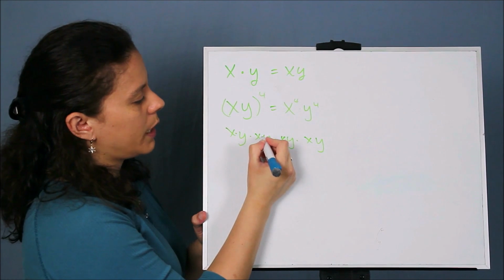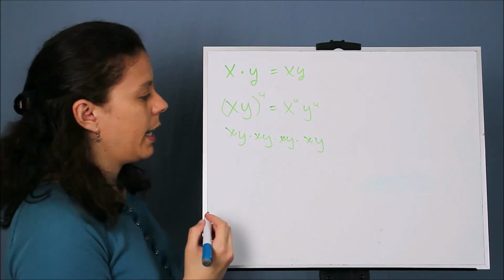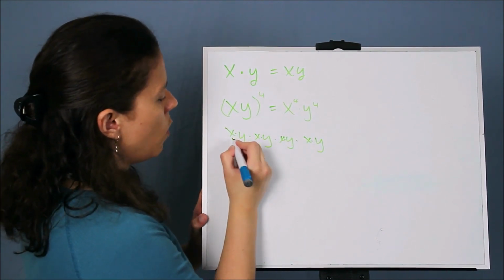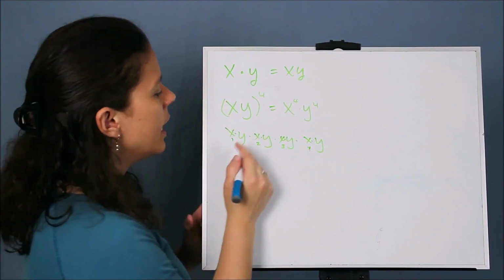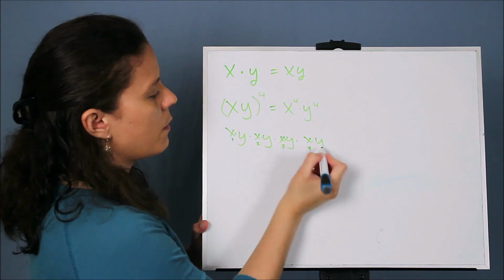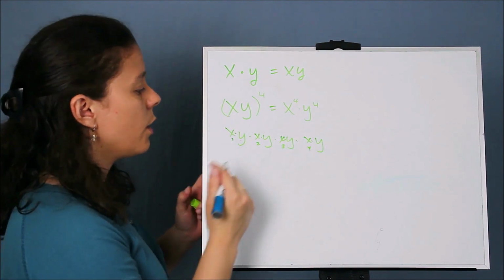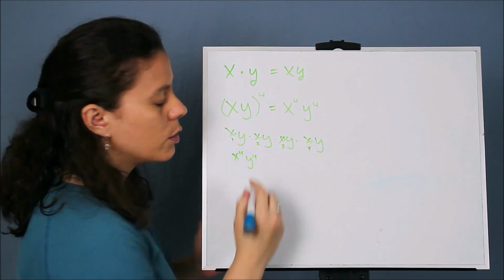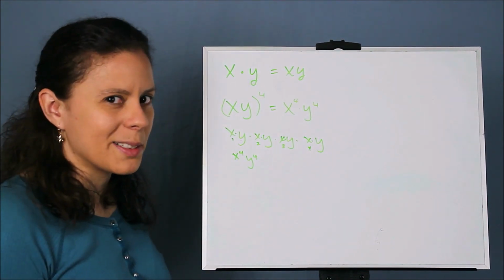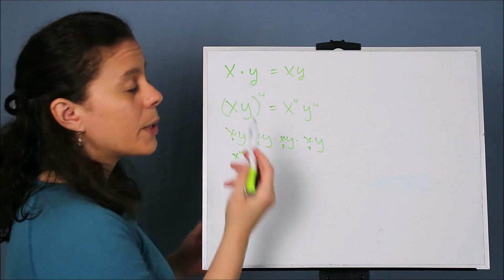Which we know this is a multiplication in itself, so you're just multiplying, right? So this is 1, 2, 3, 4 x's that are multiplied by each other, and this is 1, 2, 3, 4 y's that are multiplied by each other. Therefore, this becomes x to the 4th power times y to the 4th power. Hope that makes sense.